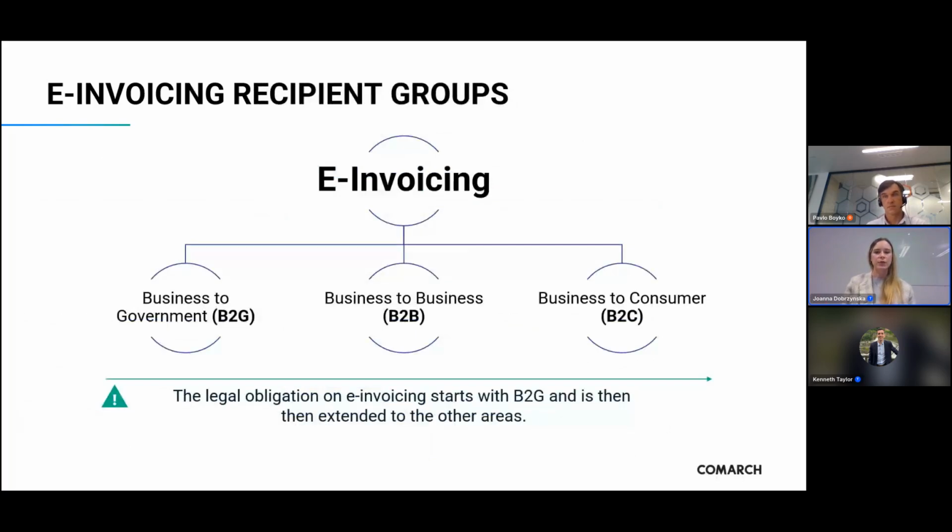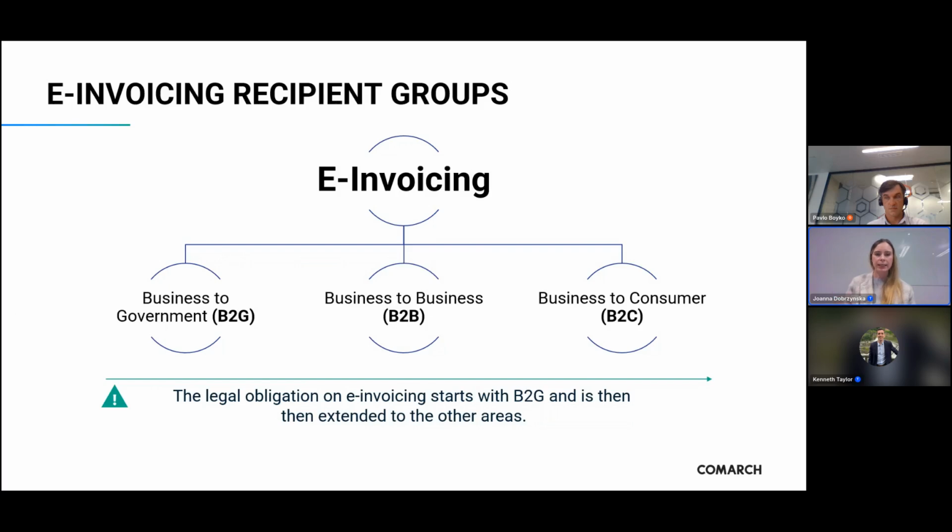Also, in terms of invoicing implementation mandates, we are seeing some universal rules. Basically, all the mandates start with B2G. All the companies or institutions that cooperate with the governments are obliged to send invoices in a specific standard using, for example, PEPPOL.